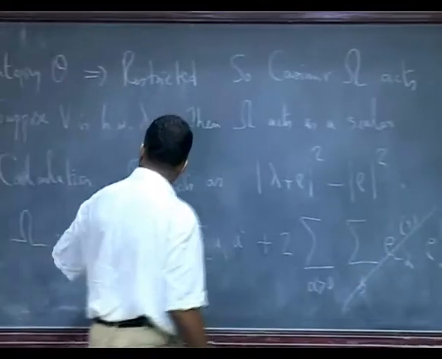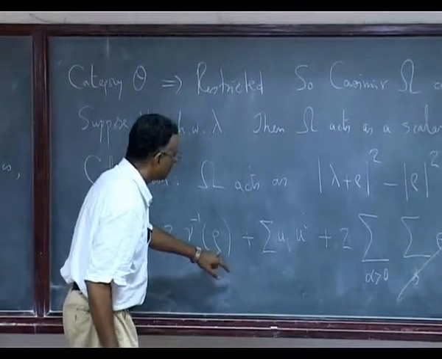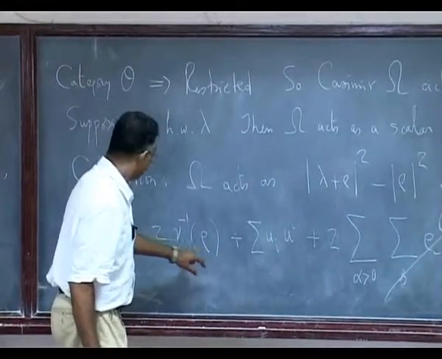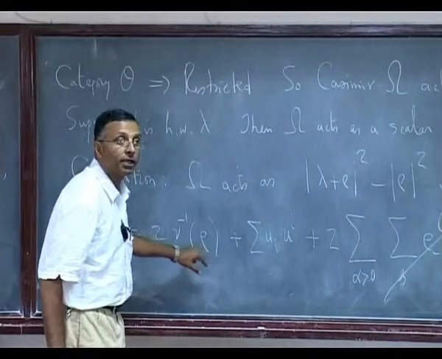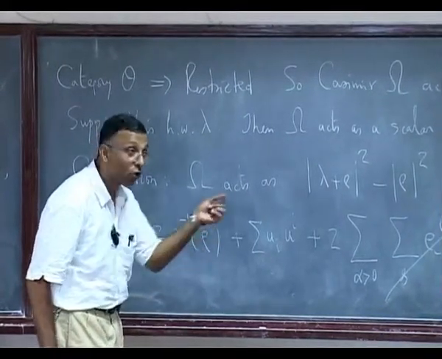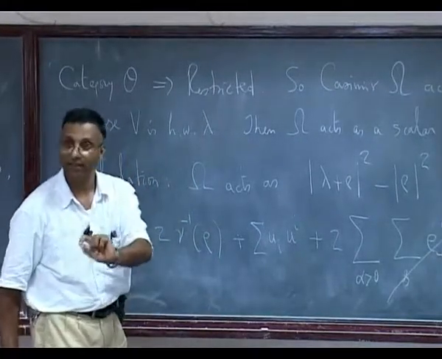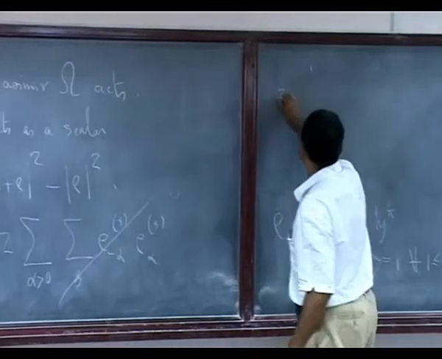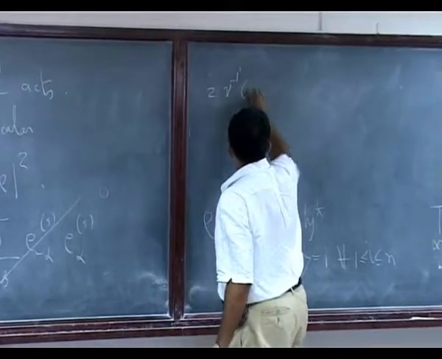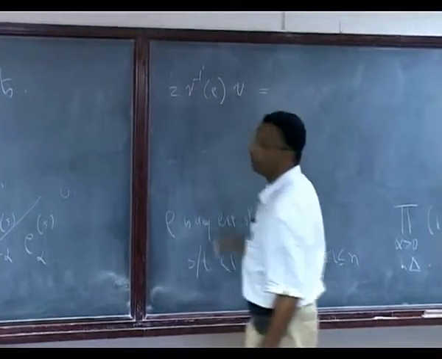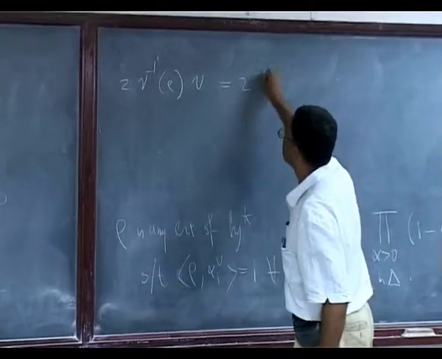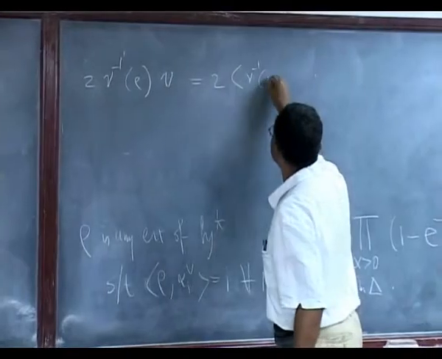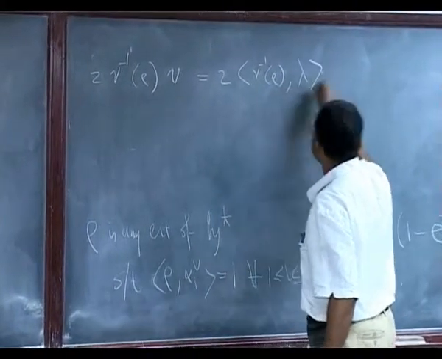So how does this act on V? So what does this nu inverse rho mean? It is the element rho represents in H when you pull back. Okay. So 2 rho acting on V is twice nu inverse of rho acting on lambda.